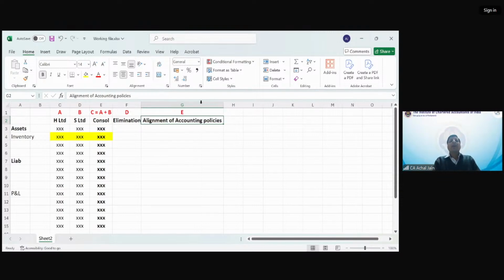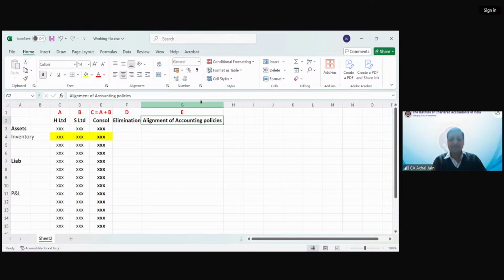So every time you get into consolidation, of course you will follow the line by line addition approach, but you'll have to remember about elimination. You'll have to remember about alignment of accounting policies, if at all that is required. We are not saying that everywhere this will be required. You'll have to understand the situations wherein it may or may not be required.